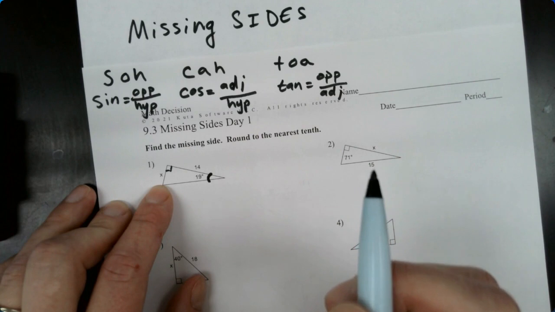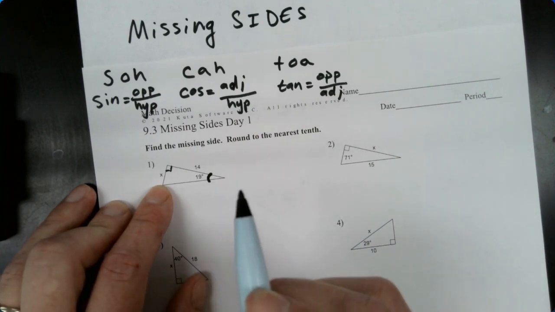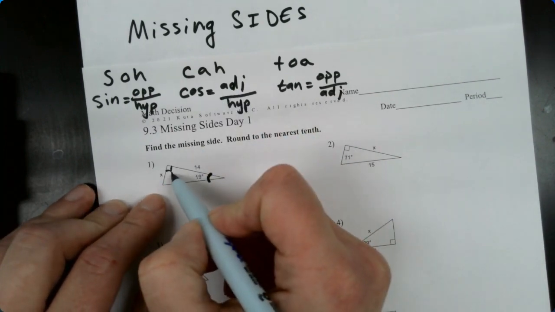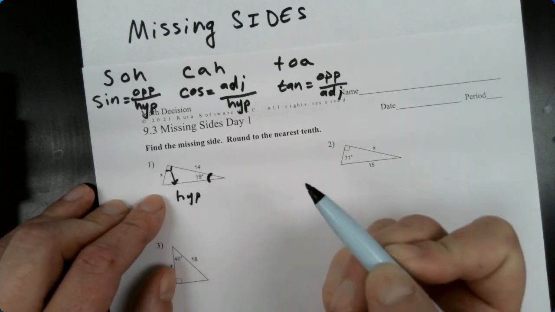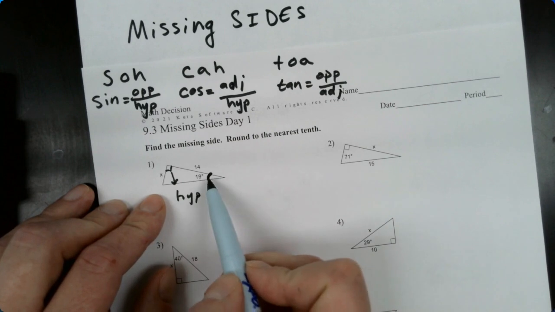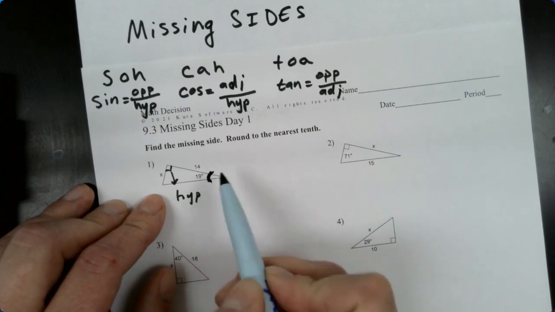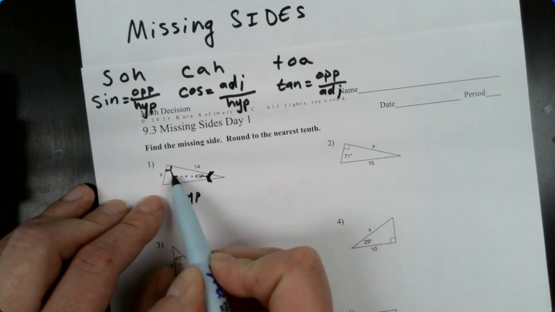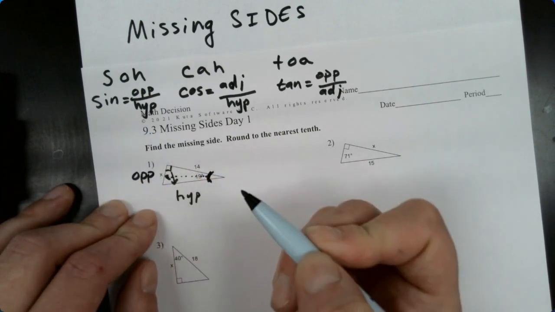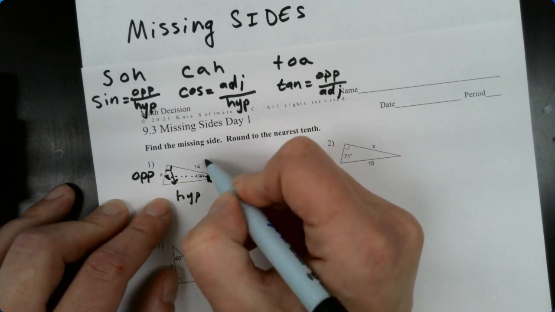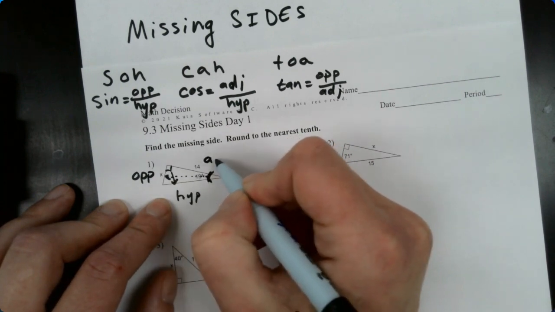Hypotenuse is the longest side, so this one would be the hypotenuse. We're going to label it with respect to this angle. So this one is the opposite. And then this one is the adjacent. 14 is adjacent.